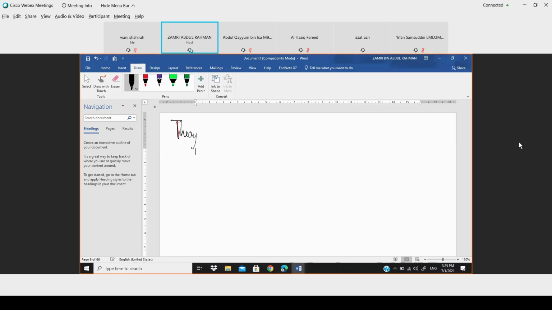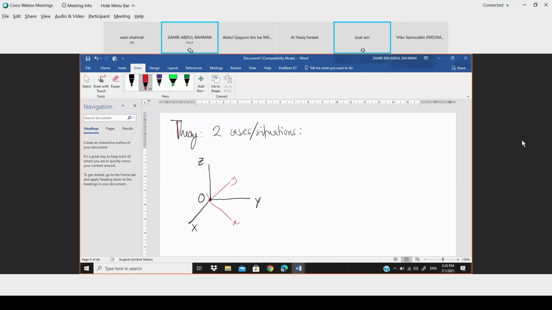Okay. We have two cases or situations. The first situation is when the local and global share the same origin O. So, I use red for local. Okay. How does the local move in space relative to global?